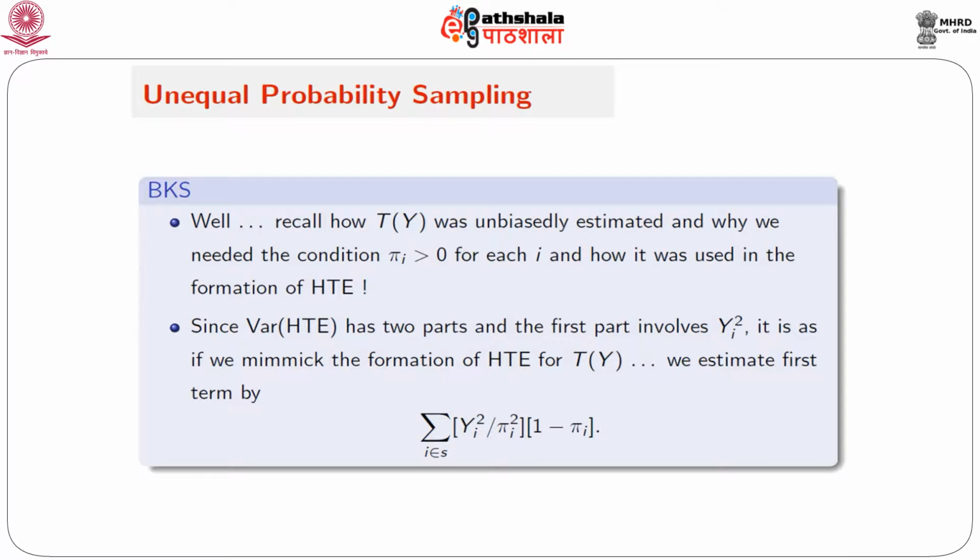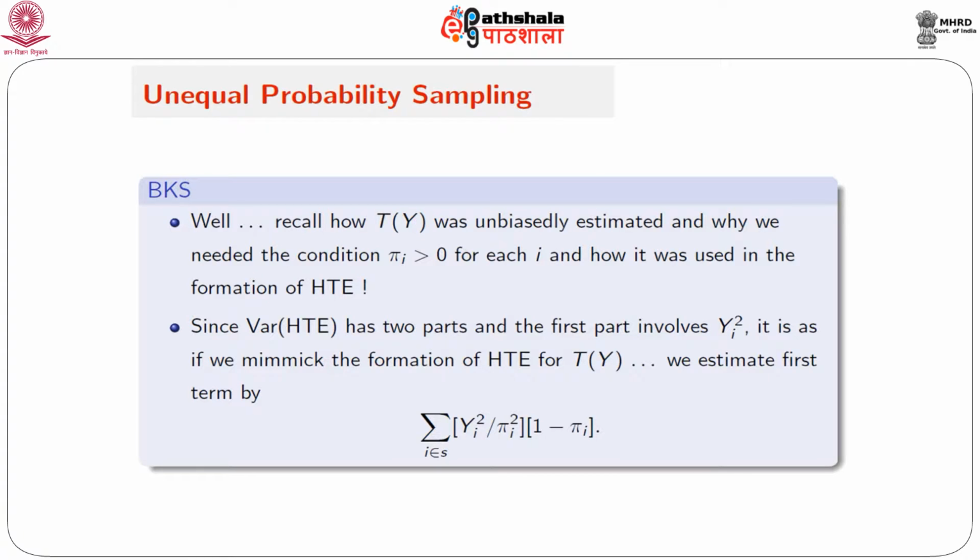You keep yi over pi i, and the other pi i in the numerator you replace by the inclusion probability definition, sum over all S containing i of P(S), and then you twisted the two sums and came up with an estimator of the population total, which was summation yi over pi i for all i in the sample, and that was the Hurwitz-Thompson estimator. So you apply the same trick here.